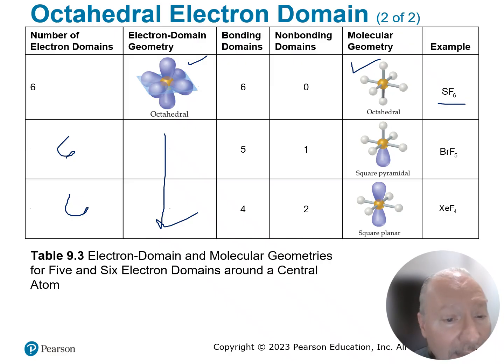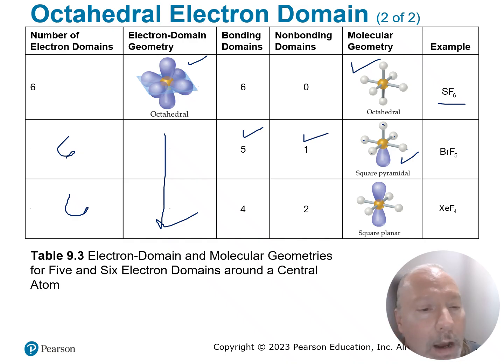But in this next example, we only have 5 bonding groups and then 1 non-bonding group. So we replace a point group with just a lone pair, and we can't count that in the molecular geometry structure. And we only have 5 point groups, and this gives us a unique square pyramidal structure for the molecular geometry, even though the electron domain geometry remains what?